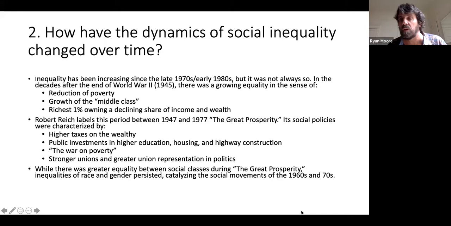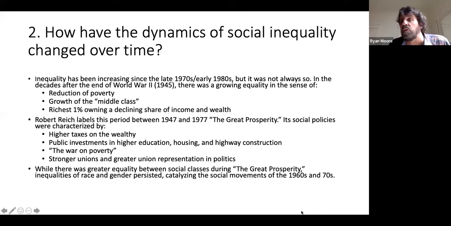The trends were going towards more equality. And we saw in the previous slides there was definitely a trend towards less poverty. The United States was making progress in reducing poverty during these years. There was the growth of the so-called middle class, especially during the 1950s and 1960s.